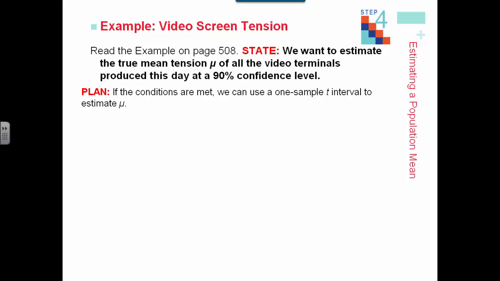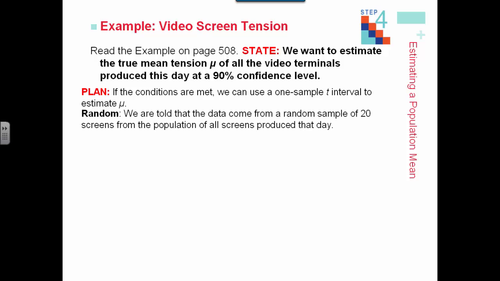We want to estimate the true mean tension mu of all the video terminals produced this day at a 90% confidence level. If the conditions are met, we can use a one sample t interval to estimate mu. We are told the data come from a random sample of 20 screens from the population of all screens produced that day.